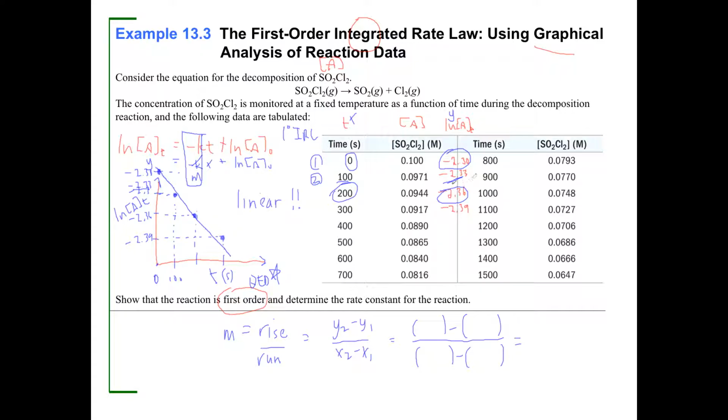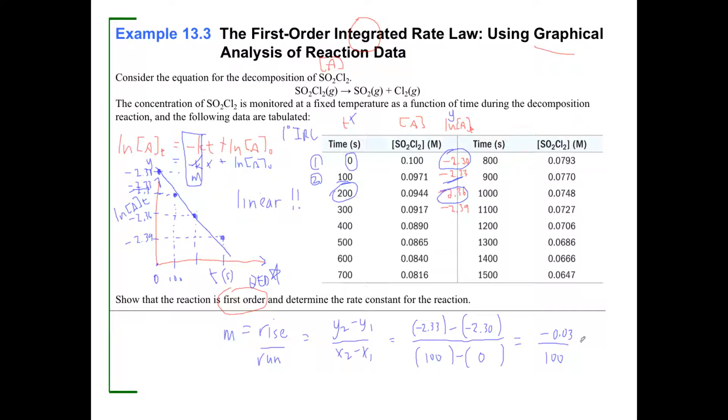So my y2 is going to be minus 2.33, and my y1 is minus 2.30, okay? And my x2 is 100, and my x1 is 0, okay? This is going to be something over 100. So what's minus 2.33 minus minus 2.30? It looks like it's minus 0.03, okay?